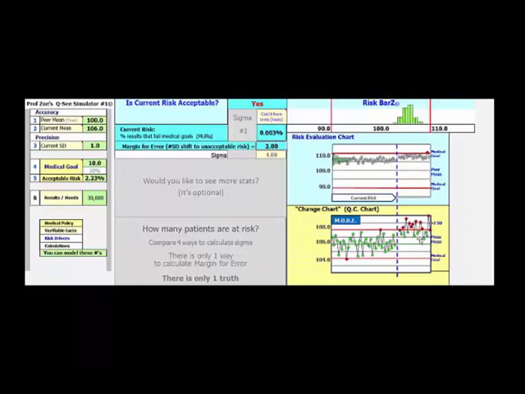If it shifts 2 standard deviations, you know this from the statistics. If the new mean is 2 SDs higher, 50% of the results are above the mean, 50% are below. There's only a 50% chance you're going to detect that error. So although the risk is acceptable now, this QC process is not effective to detect this shift in the mean.